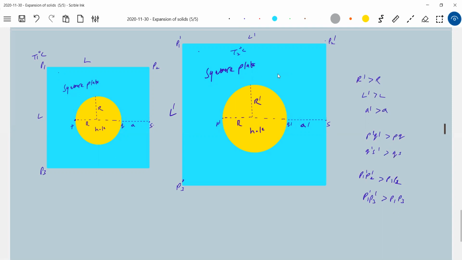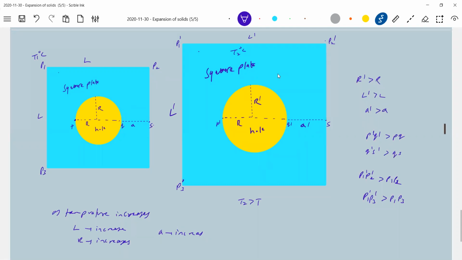So therefore, as temperature increases, what is the conclusion? As temperature increases, L increases, R increases, A will also increase.